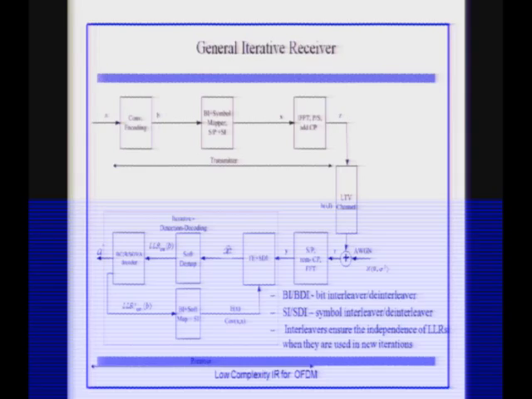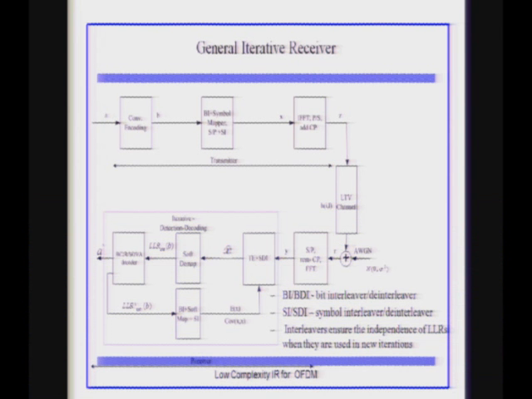This process keeps going on. We repeat it to get refined estimates of x, and eventually, after sufficient convergence, you do a hard slicing of the LLRs and get the bits out.